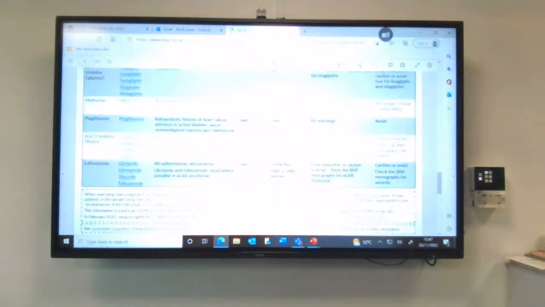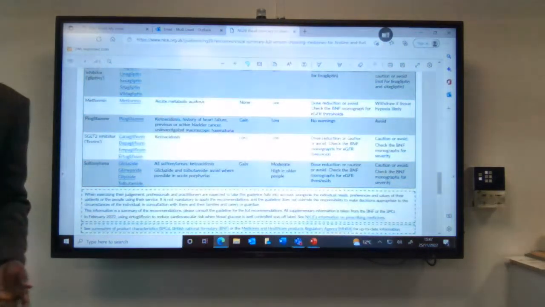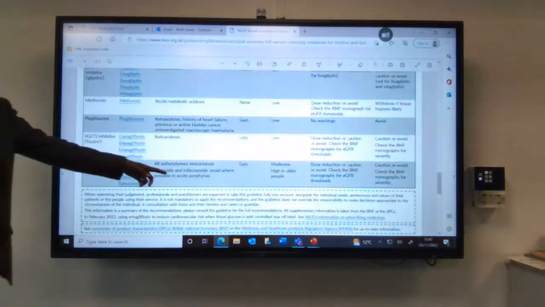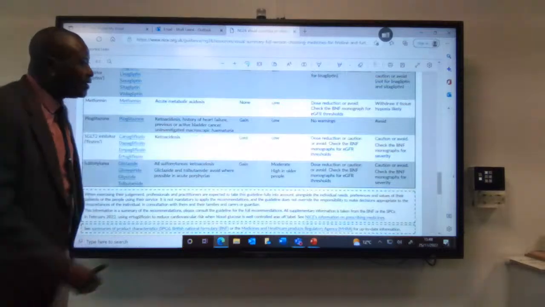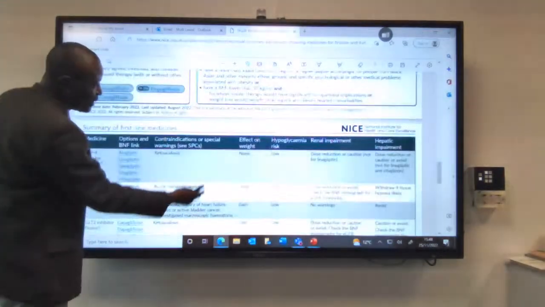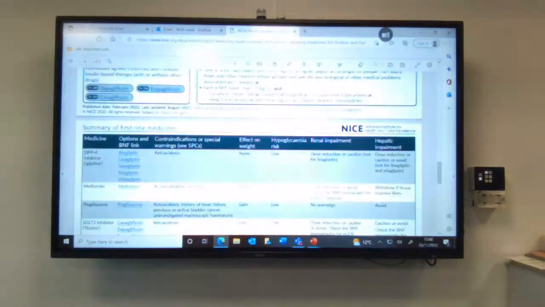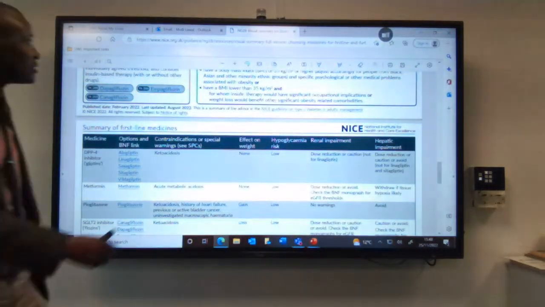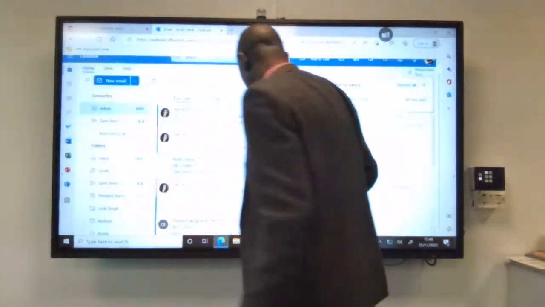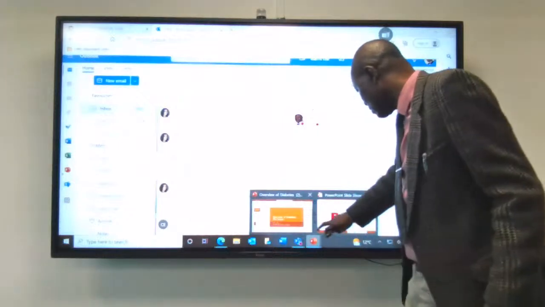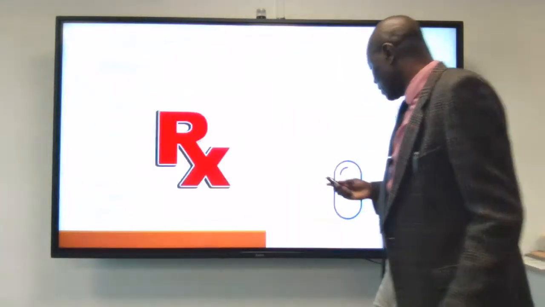Take for example, sulfonylurea causes weight gain. If somebody is obese, you don't want to give that. Whereas if you want to consider the effect on weight, you go down the route of metformin. So again, all those kinds of considerations.